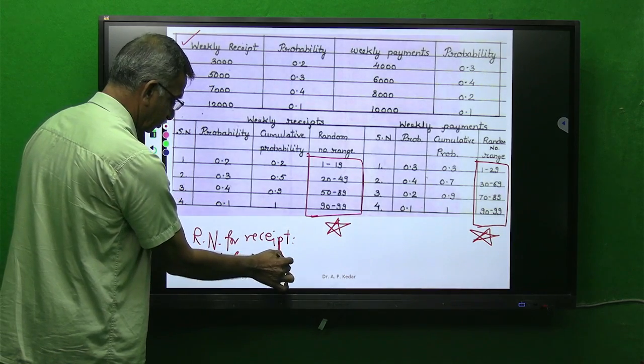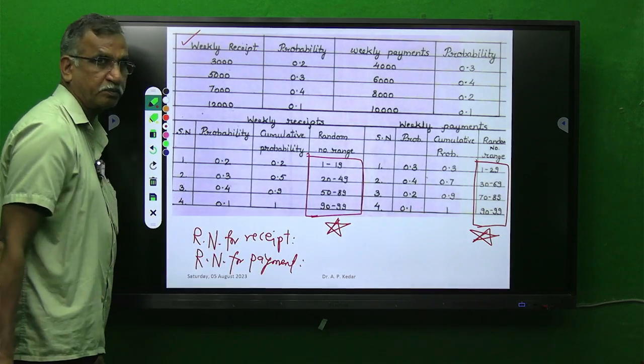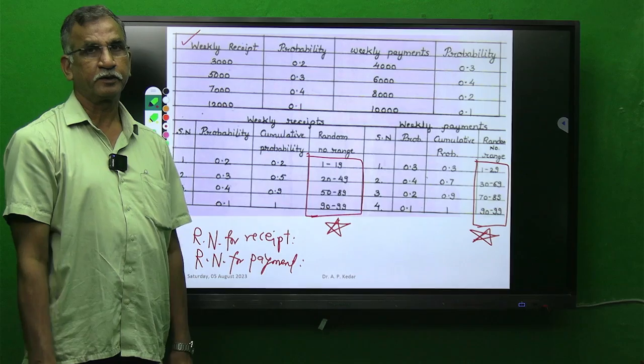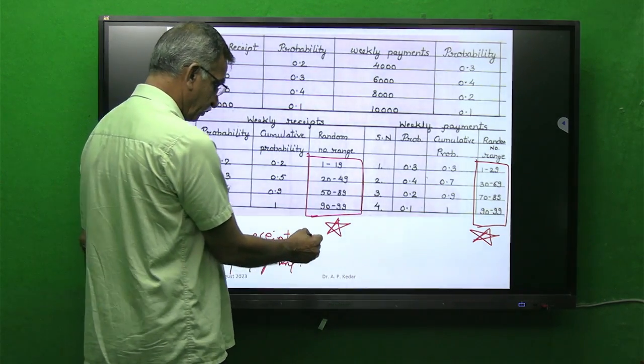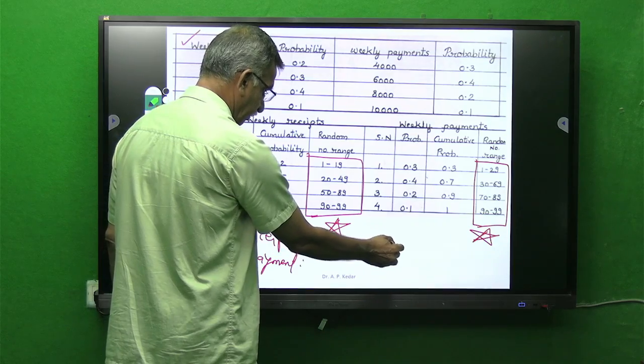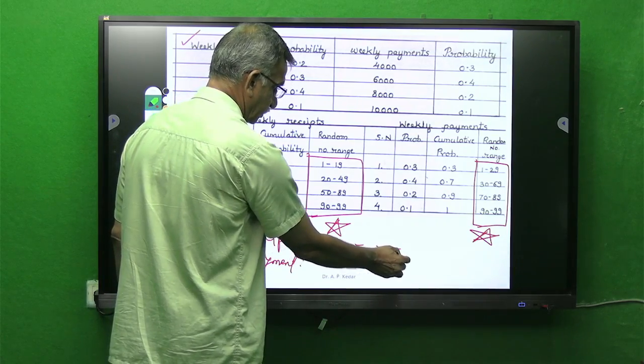We are given these two values, random number for receipt and random number for payment. Clear? So 12 values are given to us.